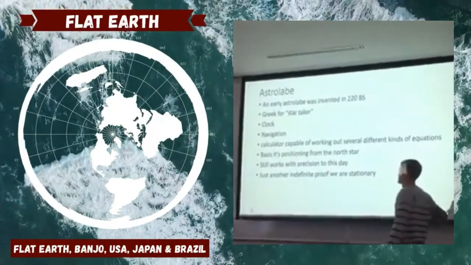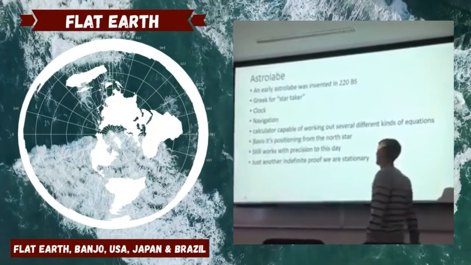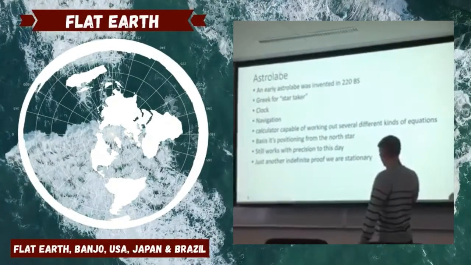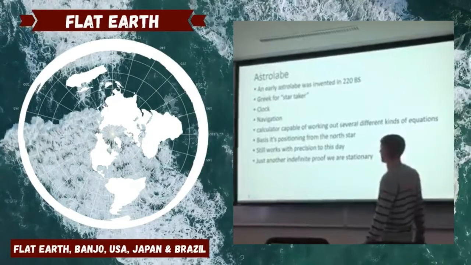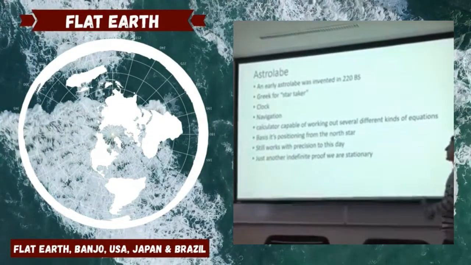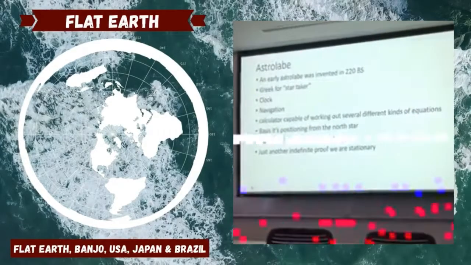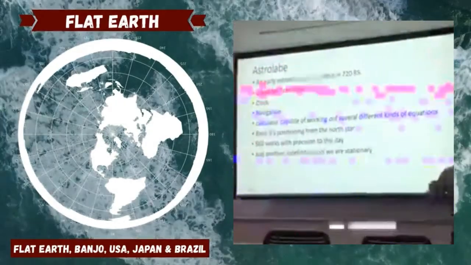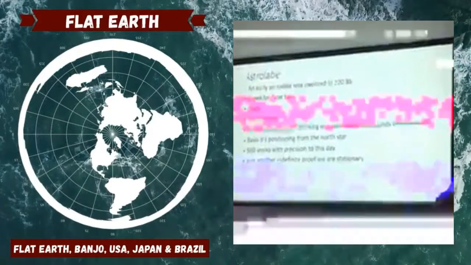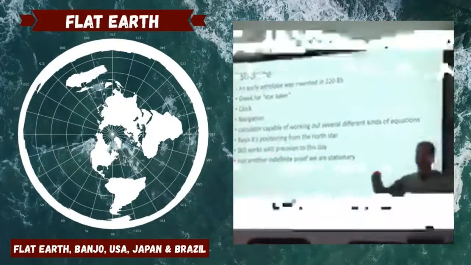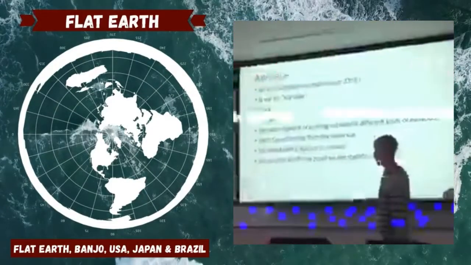It's a clock. It's a navigational device. It's a calculator capable of working out several different equations. But the main part I want to base about this is that it bases its positioning off the North Star, and still works with precision to this day. Just another indefinite proof that we are a stationary plane.